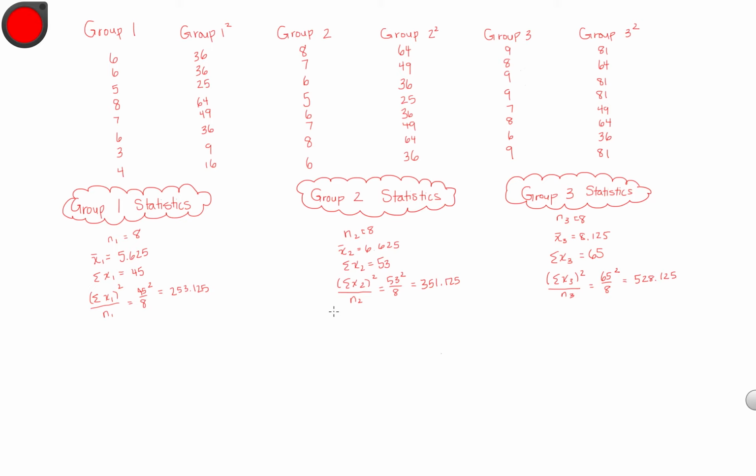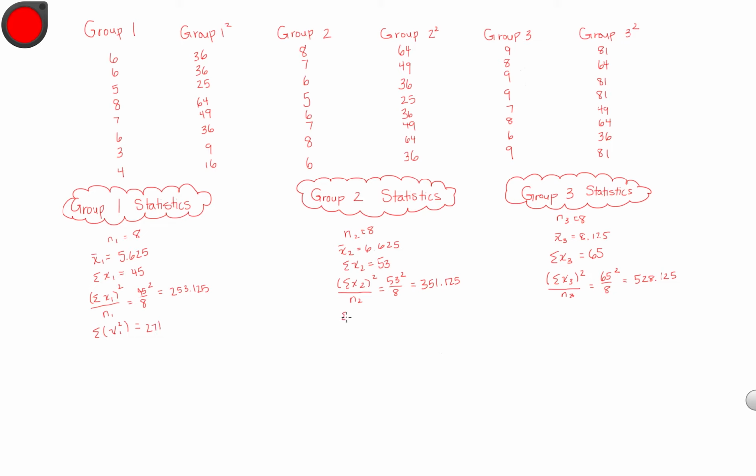So we only have one more thing we need to find within each group before we start adding up stuff across groups. We need to find the sum of the squared values for each group. So we have sigma x squared for group 1. Notice the squared is within the parentheses, which tells you it's the sum of the squared x values, equals, if you were to add up 36 plus 36 plus 25 plus 64 plus 49, and so on, you would get 271.